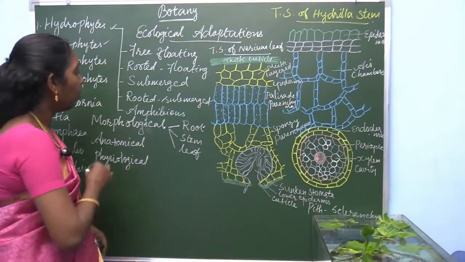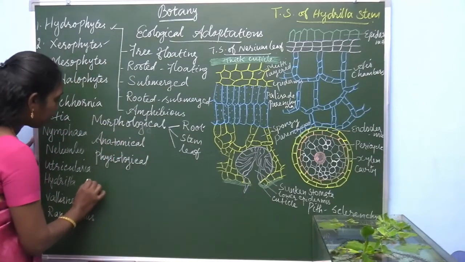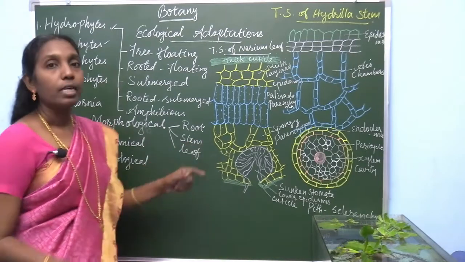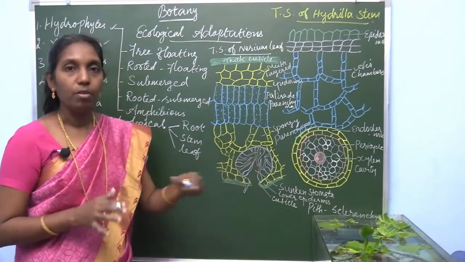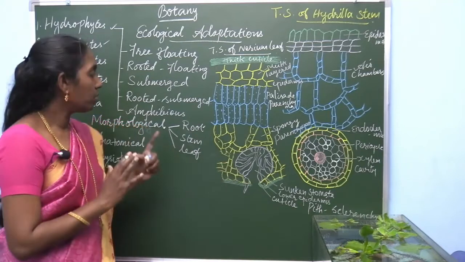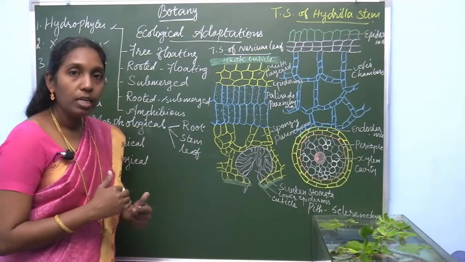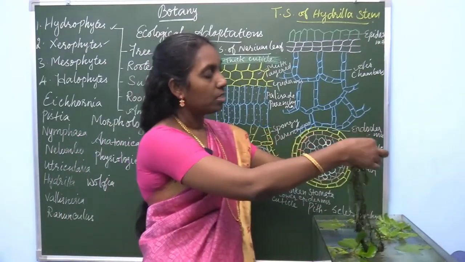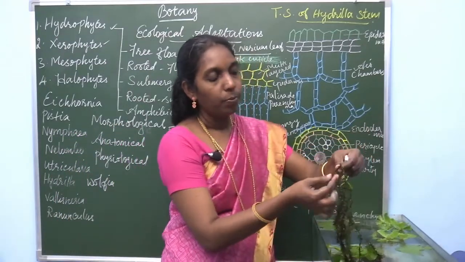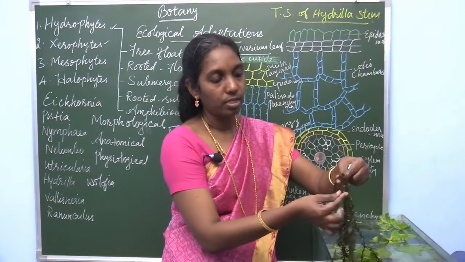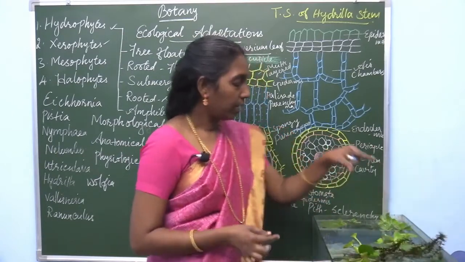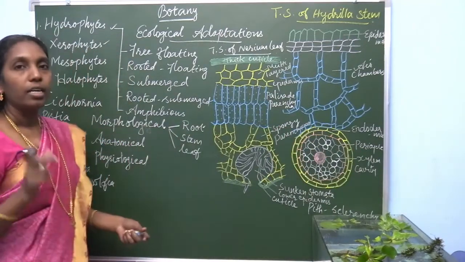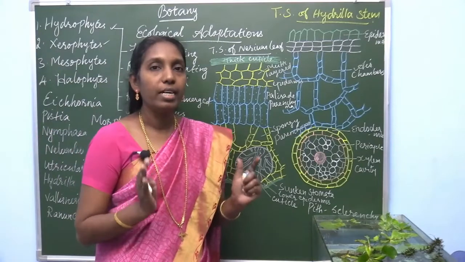There is an example, Wolffia, in which the roots are completely absent. Poorly developed roots are seen in Hydrilla. And in Ranunculus, the root is well developed.